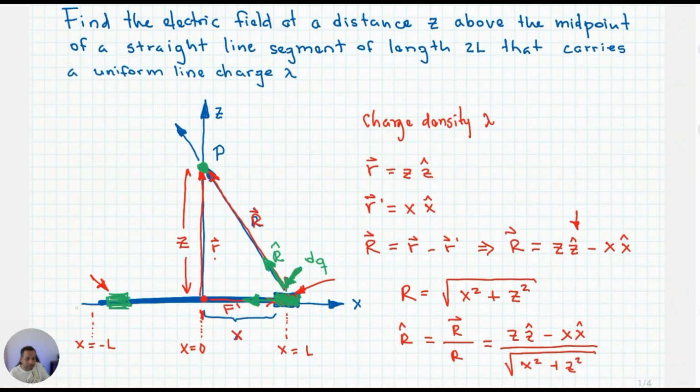And that symmetric equal component will have a component for the electric field pointing to the right. So these two components, they will cancel each other. And the same will happen with all the components along the rod. So that's why the x component of the integral becomes 0.